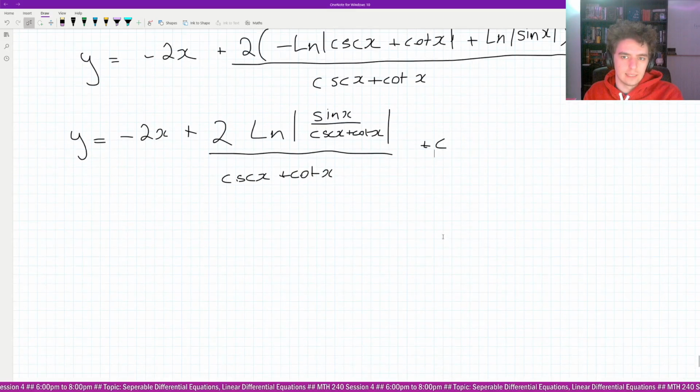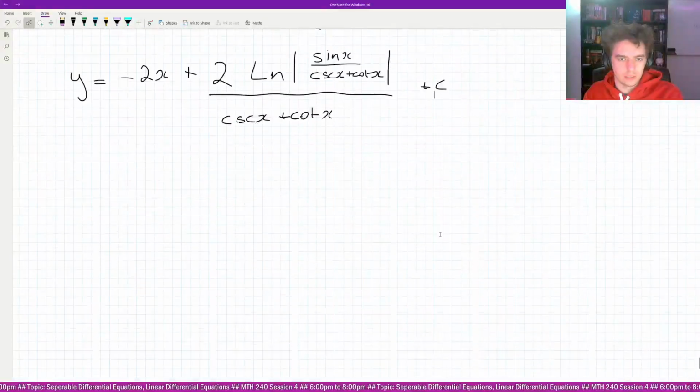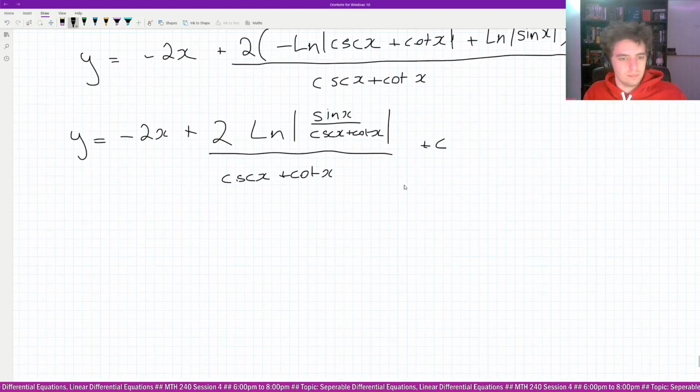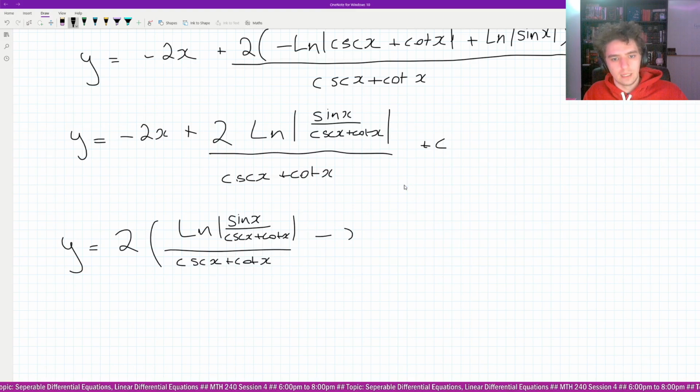And that's it. Okay, do we have an initial value? No, we don't have an initial value. Probably could factor out the 2. So 2 ln absolute value sine x over cosecant x plus cotan x, over cosecant x plus cotan x, minus x plus c.